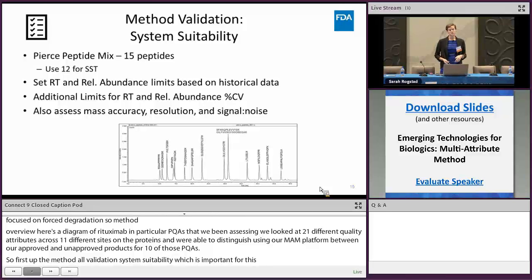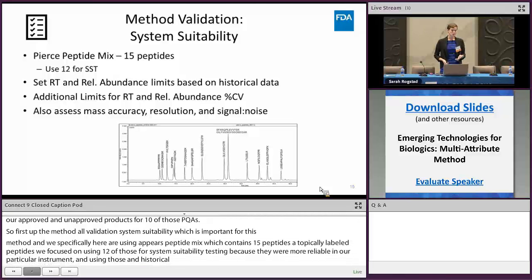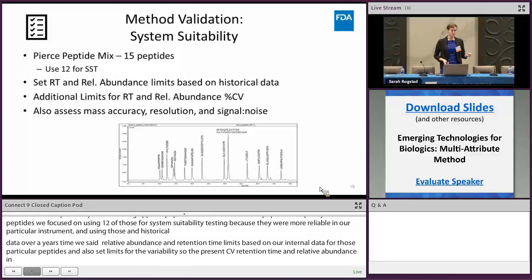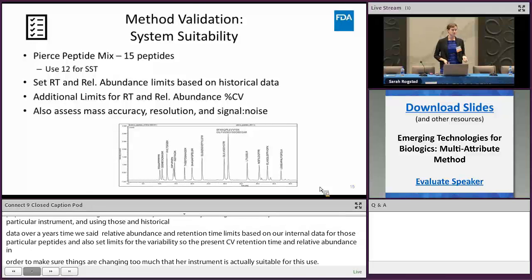Using those and historical data over about a year's time, we set relative abundance and retention time limits based on our internal data for those particular peptides. We also set limits for the variability, so the percent CV of the retention time and relative abundance, in order to make sure that things aren't changing too much and our instrument is actually suitable for this use. We've also set baselines for our mass accuracy, resolution, and signal-to-noise ratio.